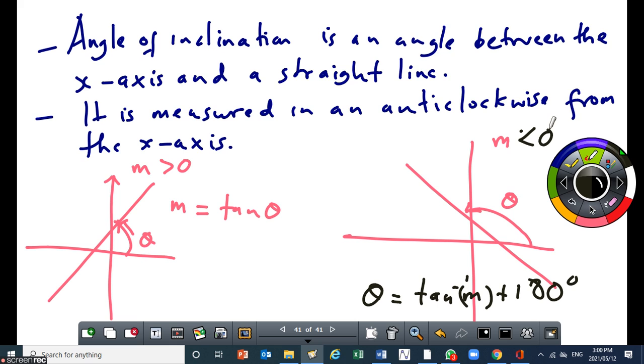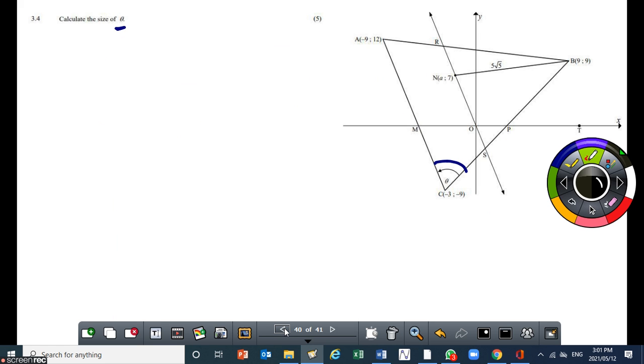That's why I give you the grade 11. So make sure you are familiar with it. And usually, when you have a grade 12 question, you have a question on angle of inclination. So you have to know this. It's theta equal to shift tan m, so that's tan inverse of m, and shift tan m plus 180. Then, once you are aware of that, let's do the question.